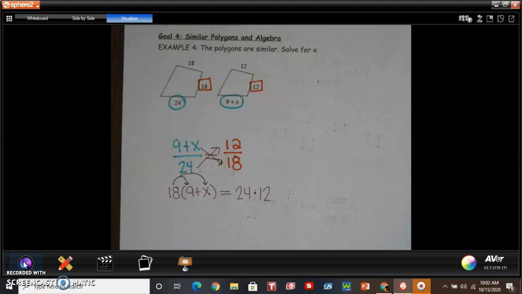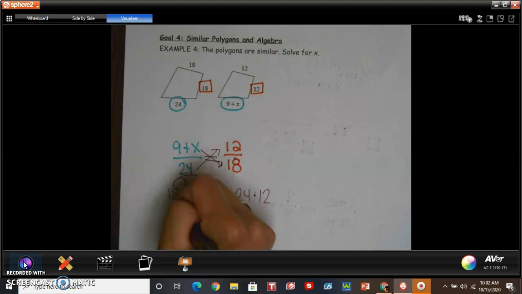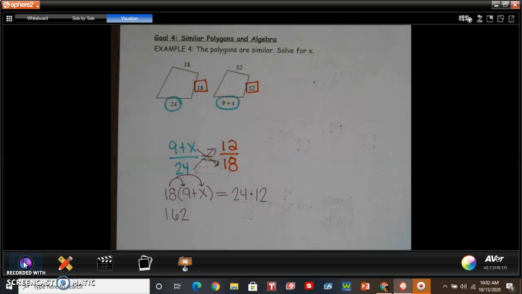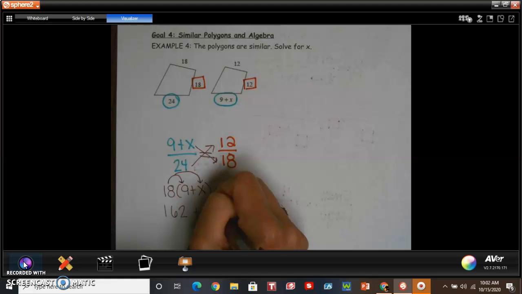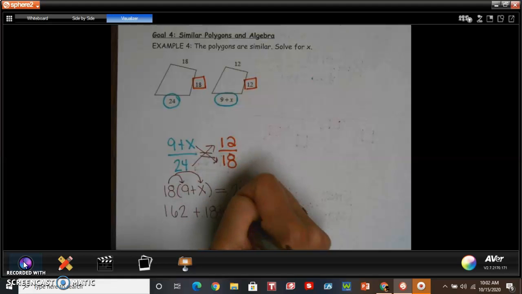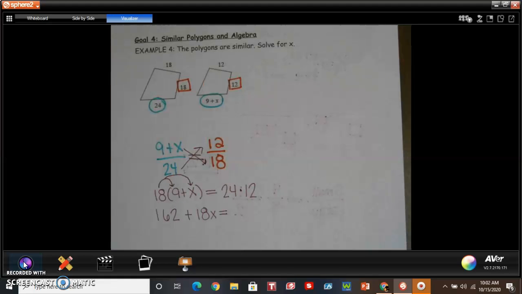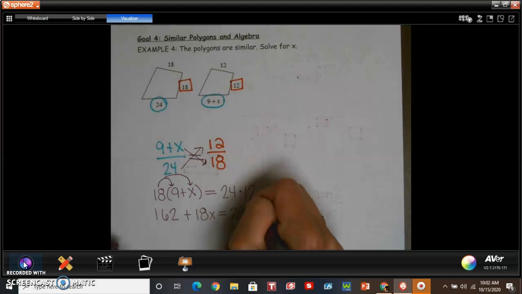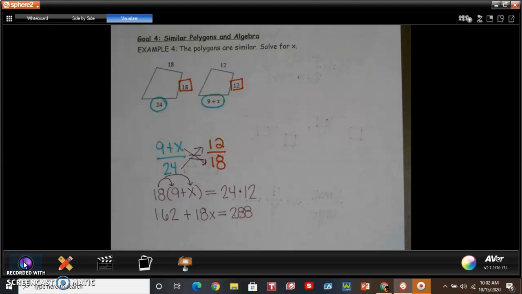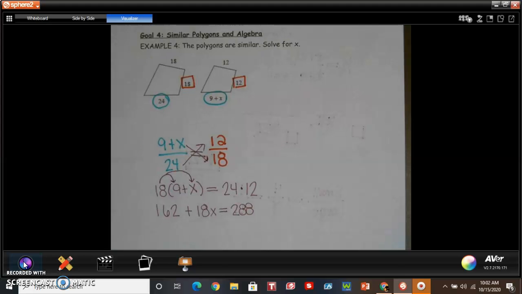So 18 times 9, we get 162. 18 times the positive 1x is plus 18x equals, 24 times 12, 288. Remember, you can pause the video at any time if I'm moving too fast, okay?